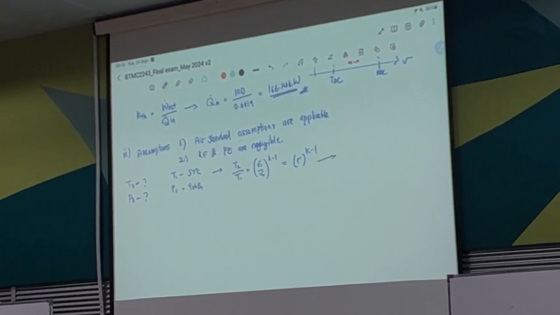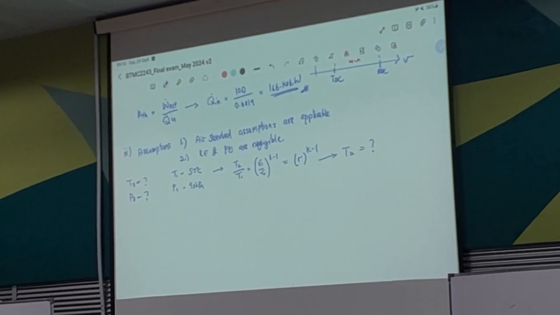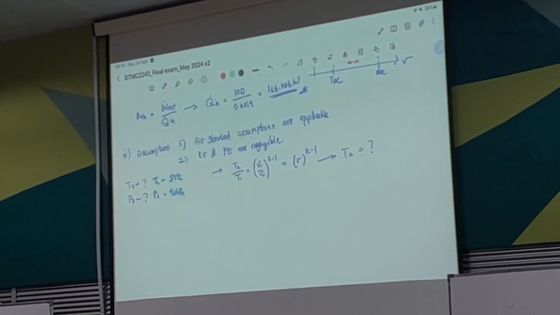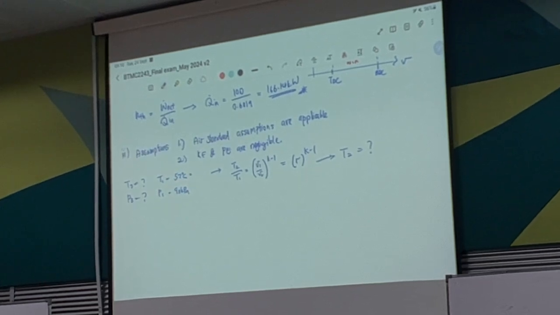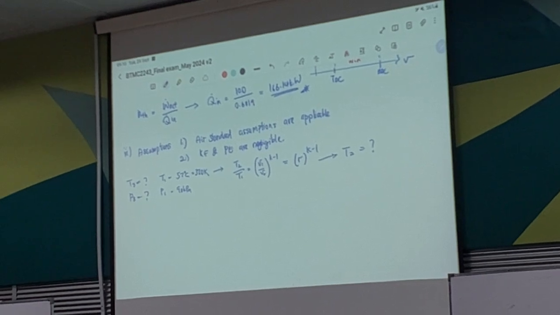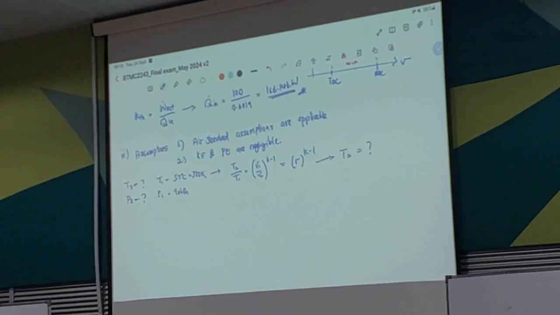So from here, you can get the T2 value. Of course, don't forget that these are all absolute temperatures, so your temperature should also be converted. So this is 330 Kelvin before you can use it in the equation. So you found T2 now.